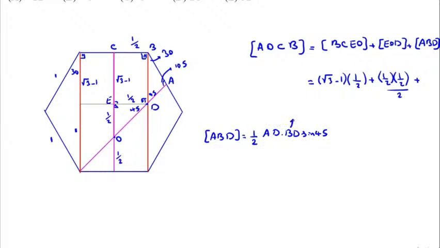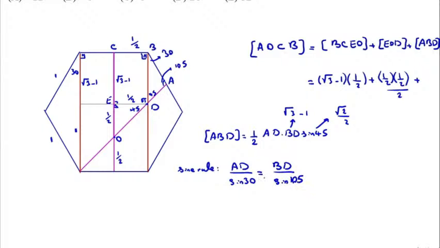BD is root 3 minus 1. Sine 45 is root 2 over 2. AD is what? If you want to calculate AD, I use the sine rule. Then I can say AD over sine 30 equals BD over sine 105.